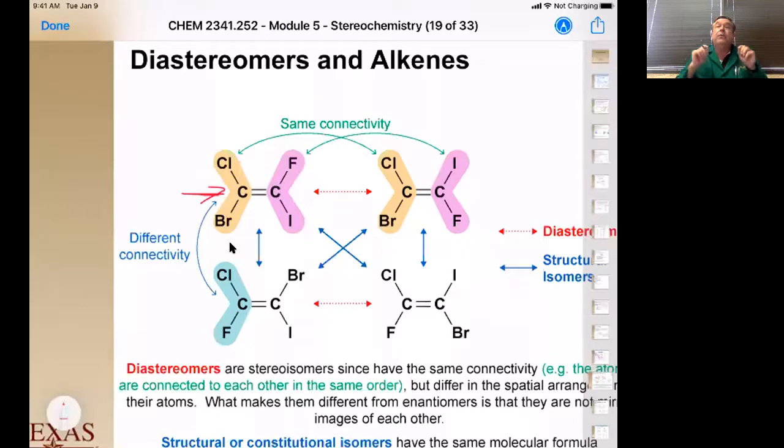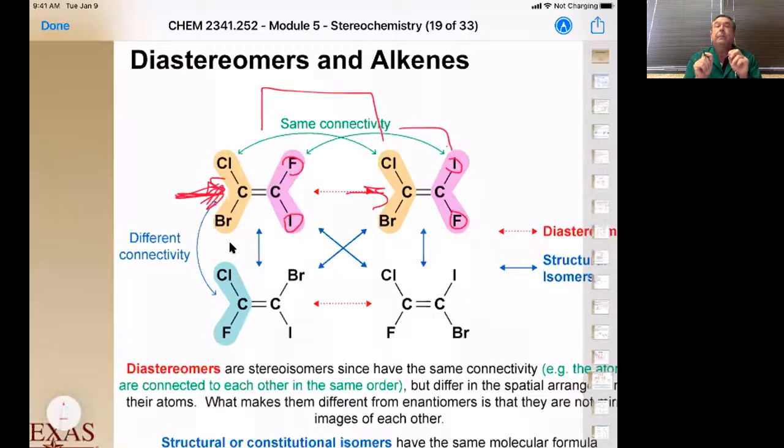For example, here we have a chlorine and a bromine, and here we have a chlorine and a bromine. So that means they have the same 2 things attached to the same carbon. And over here we have a fluorine and an iodine, and we have a fluorine and an iodine. We have the same 2 things attached to that carbon.